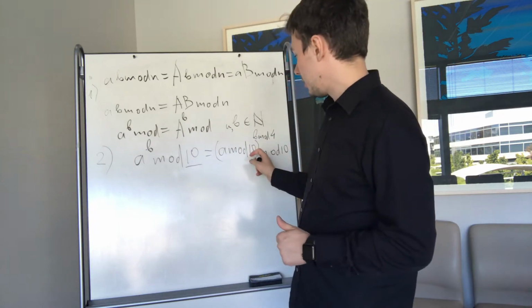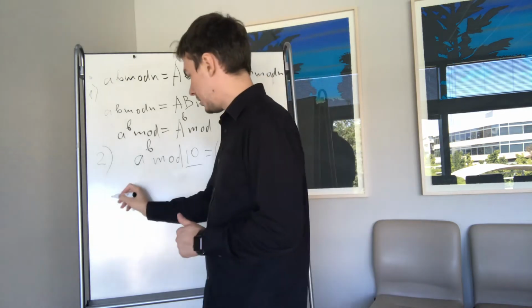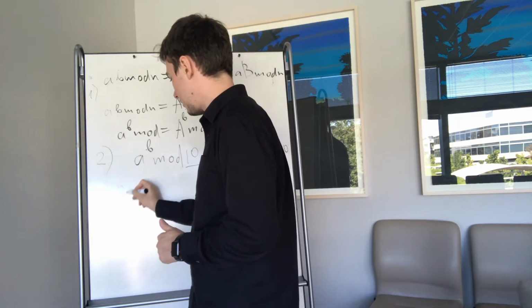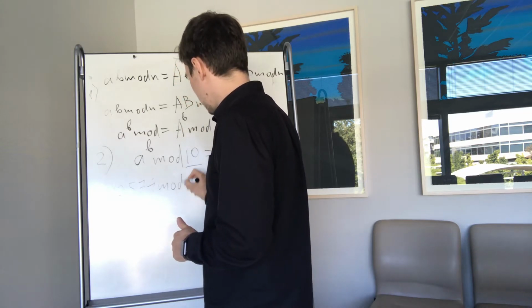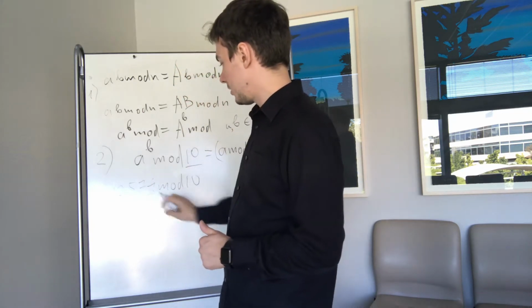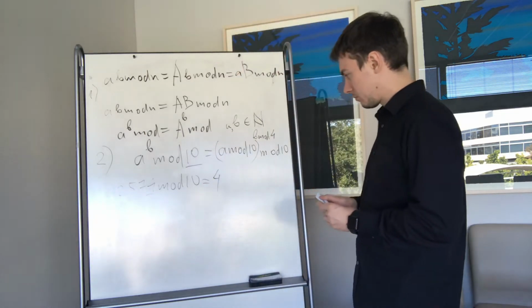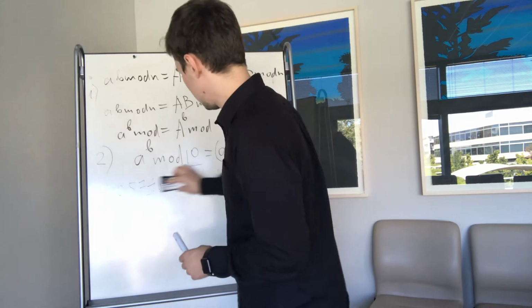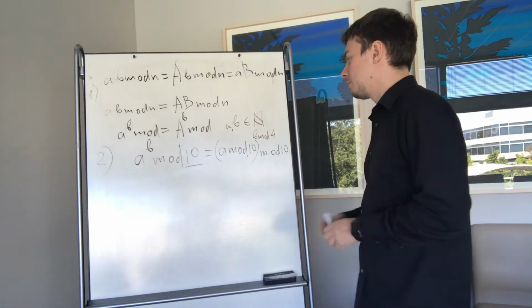What does mod 10 mean? It means just take the last digit. Let's say this just means take this digit, 4. So how to prove this formula?